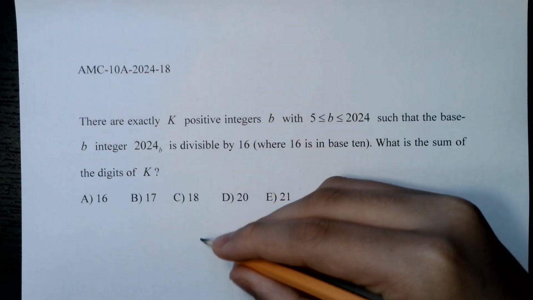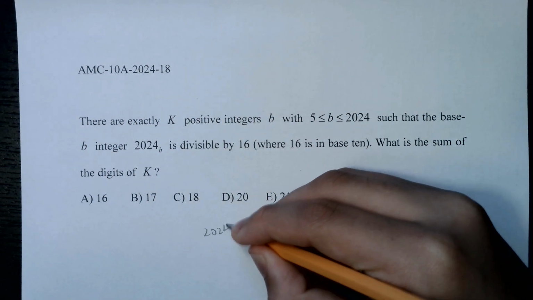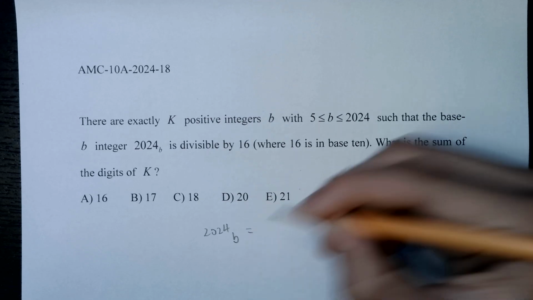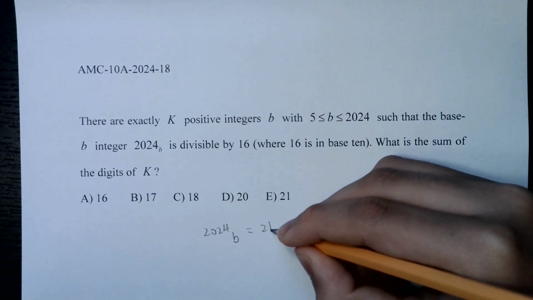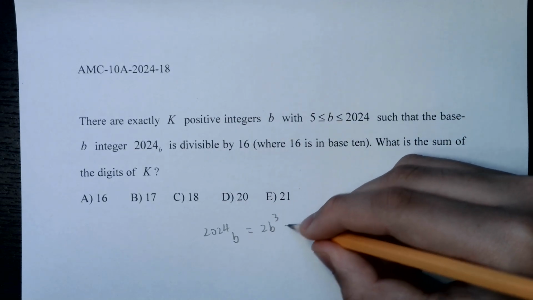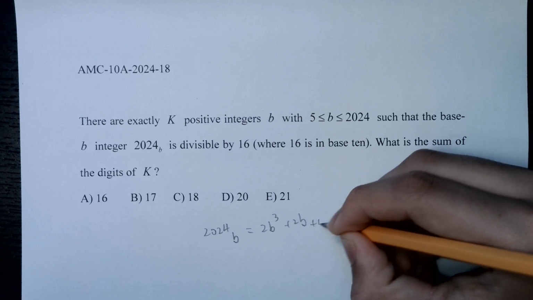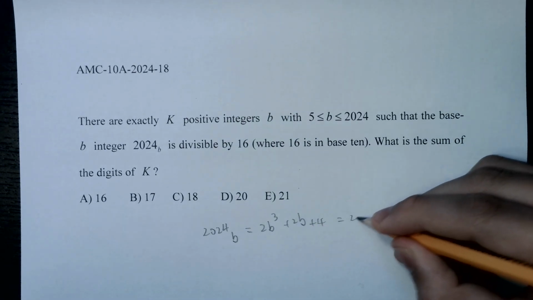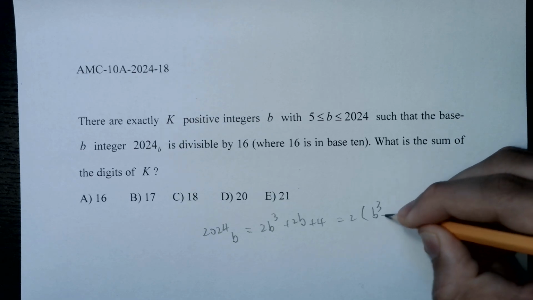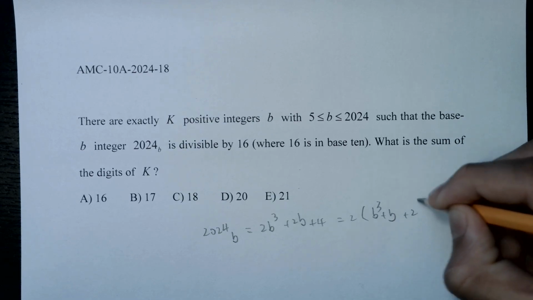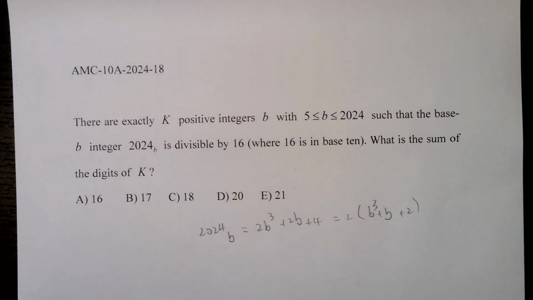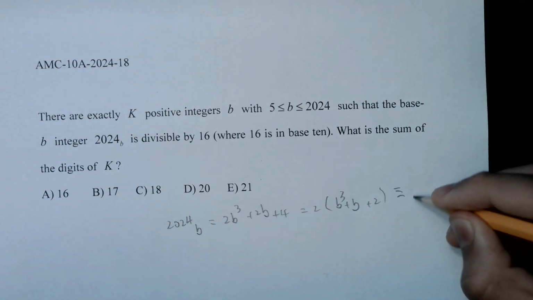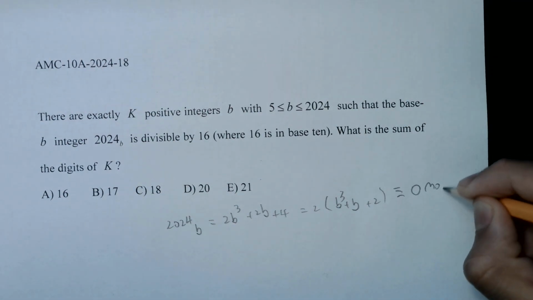Now we see here that 2024 in base b is going to be equal to 2b to the power 3 plus 2b plus 4, which then we can factor a 2 out of, to get 2 times (b to the power 3 plus b plus 2). Since this has to be divisible by 16, this is going to be equal to 0 modulo 16.